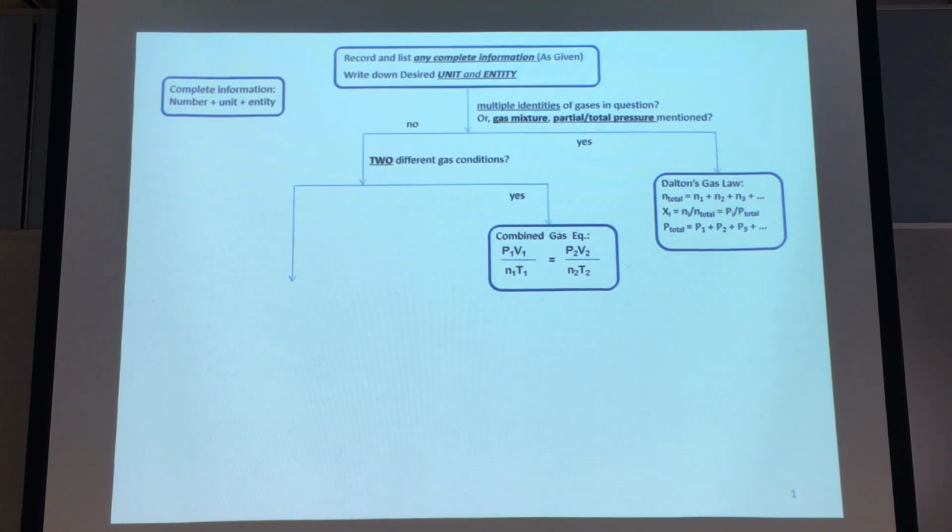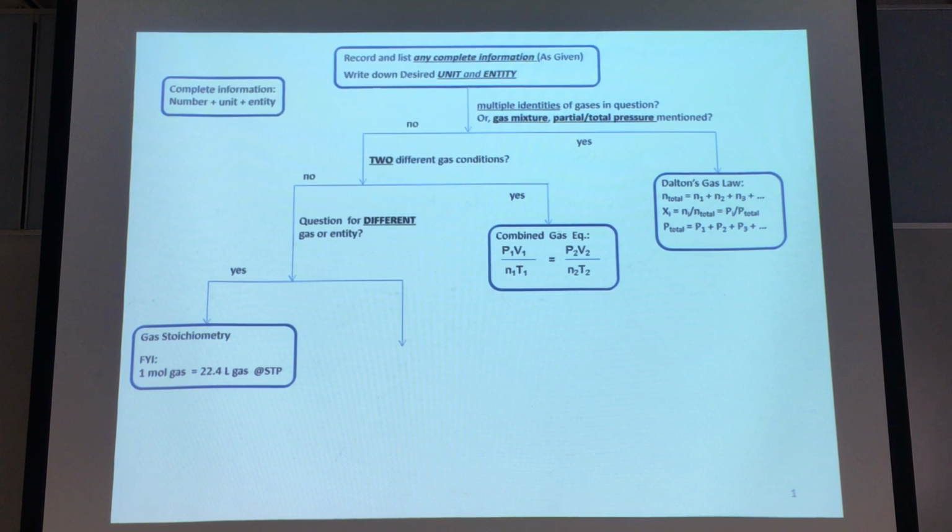If the answer for different gas conditions is no, the next question we need to ask ourselves is, how about a different gas or different entity? If the answer is yes, it is a stoichiometric calculation problem, because it is typical for such calculations to provide information about 1 or 2 entities, but the question asks for something different or a different entity.